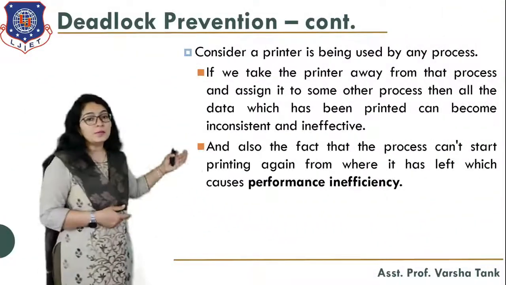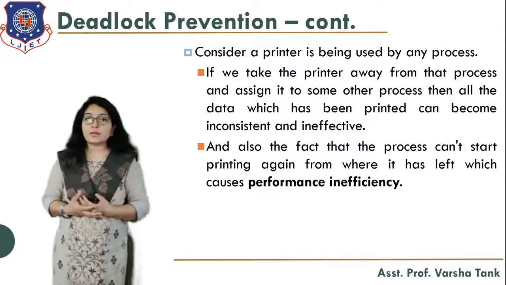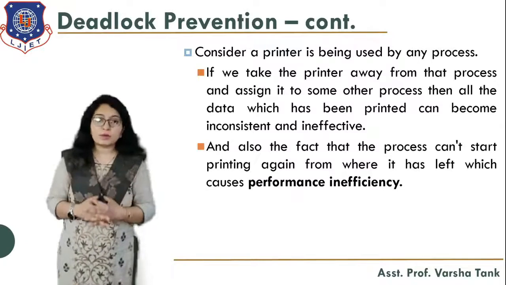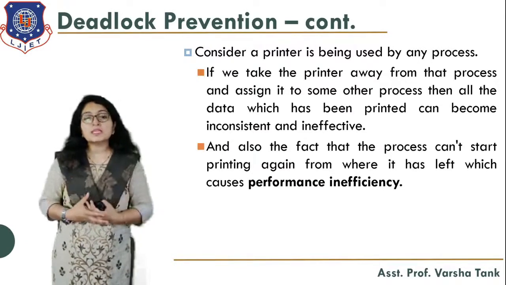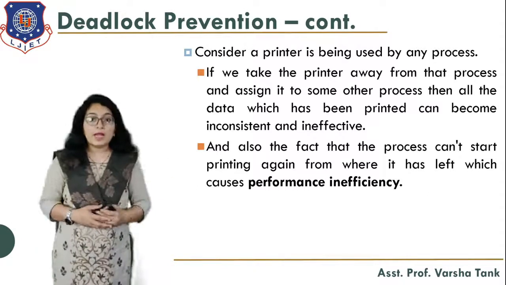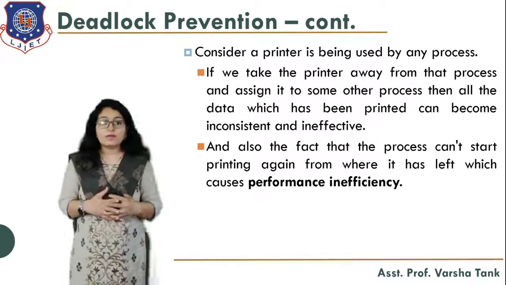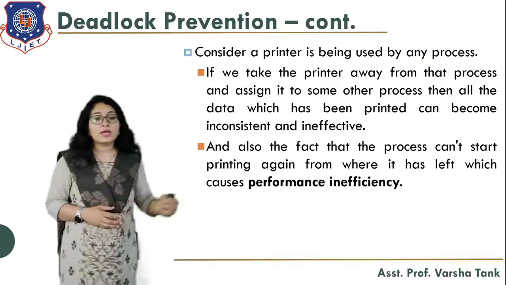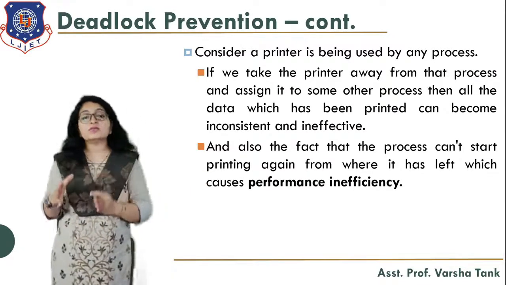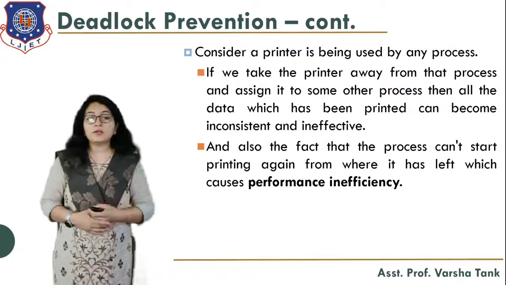So consider the printer is being used by some process. If we take the printer away from that process and assign it to some other process, then all the data which has been printed can become inconsistent and ineffective, because we cannot save the state of the printer, and also the process can't start the printing again from where it left off. Okay, which causes performance inefficiency. So if you are able to save the state of the process, then and only then can you preempt the resource from that particular process.